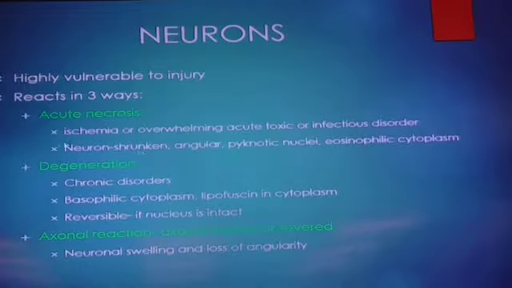We do have degeneration that occurs, as I said, with aging and in chronic disorders. And the cytoplasm of the neuron is more blue or basophilic. And you might see lipofuscin accumulation within the cytoplasm. So what is lipofuscin? A what?